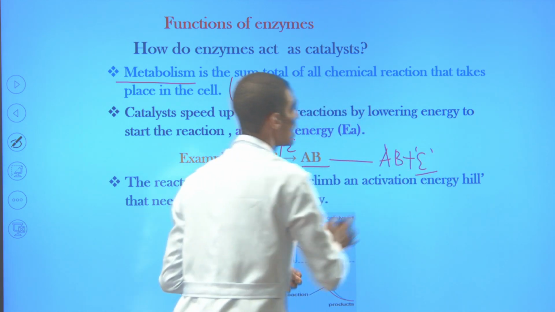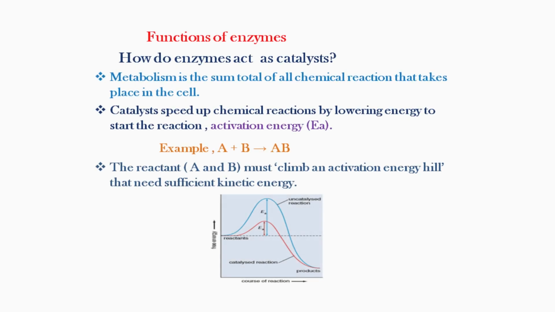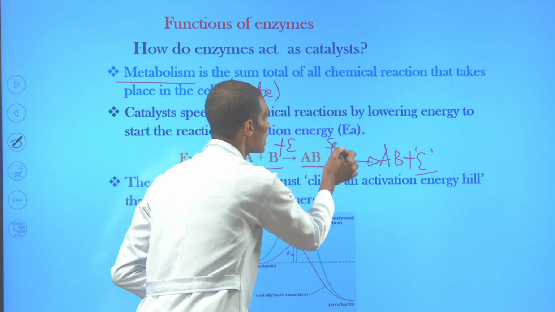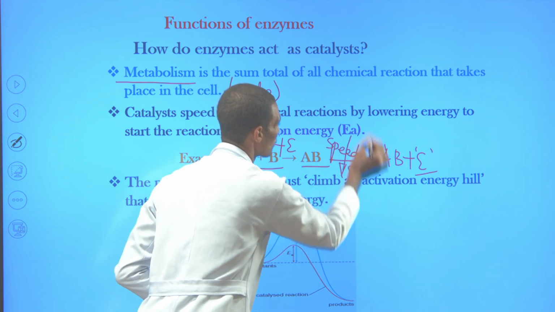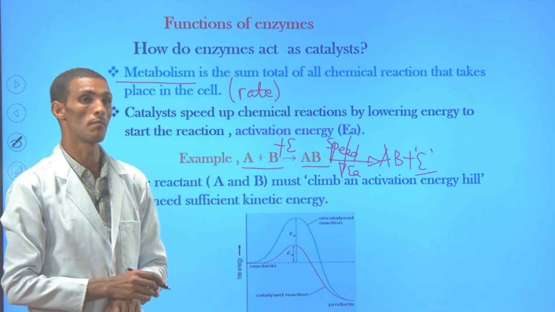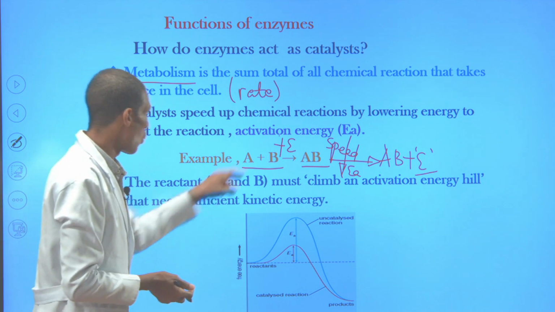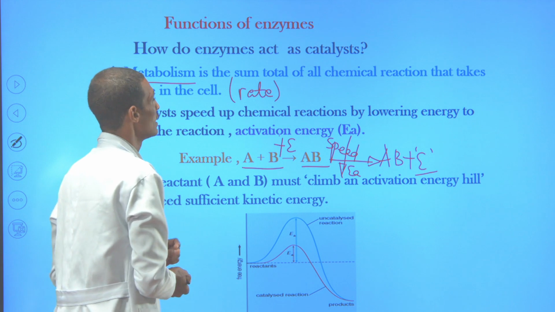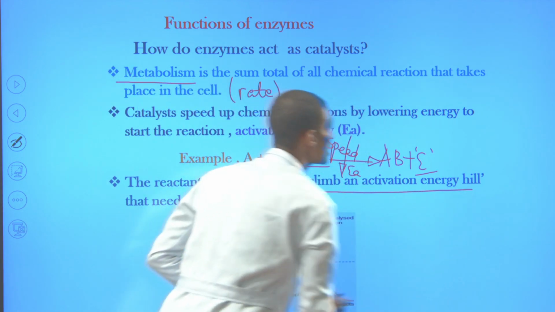The enzyme is not changed at the end of the reaction. An enzyme does not affect the direction of the reaction. The enzyme itself is not changed. The type of product is not changed. The only thing is that it can speed up the rate by lowering activation energy. So, when an enzyme is added to a certain substrate, the reaction can easily climb the activation energy hill.